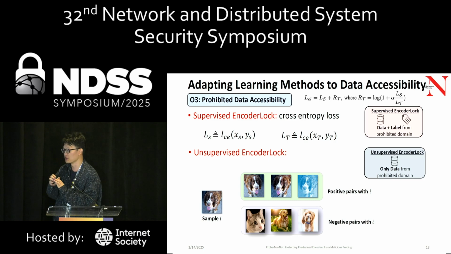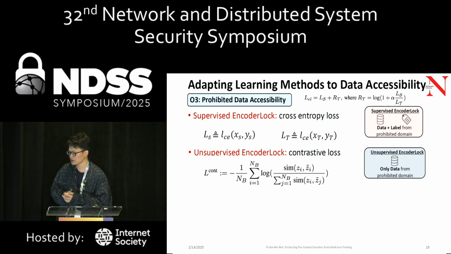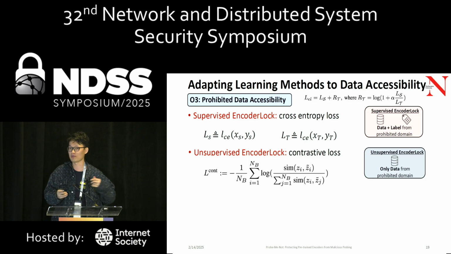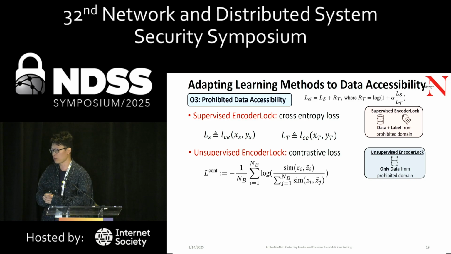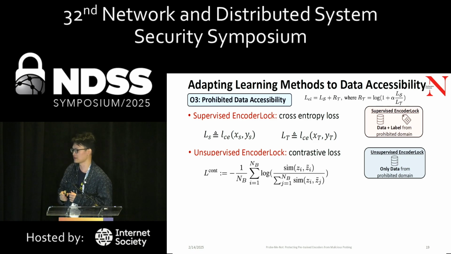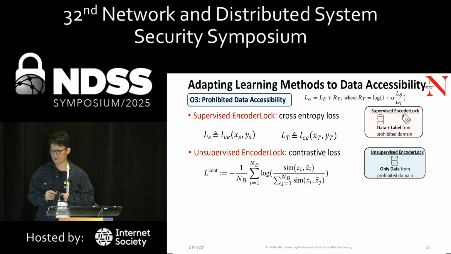Remember, we have no labels in this case, so we have this contrastive loss. We try to minimize the similarity between negative pairs, and we try to maximize the similarity of positive pairs.